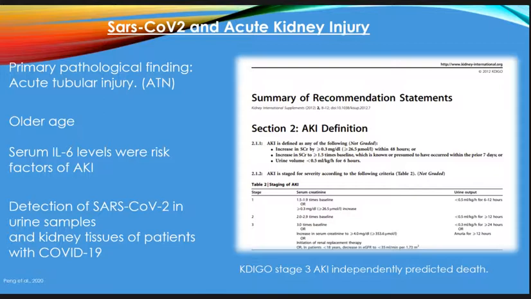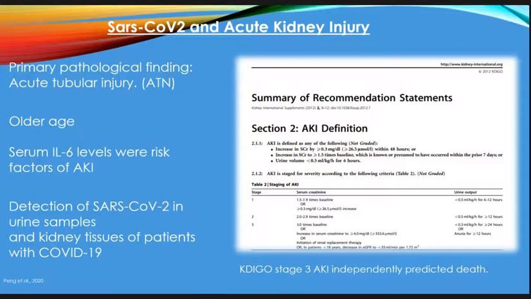And their criteria states that AKI is defined as any of the following: an increase in serum creatinine greater than 0.3 within 48 hours, an increase in serum creatinine to 1.5 times your baseline in the last 7 days, and a urine volume of less than 0.5 milligrams per kilogram an hour for 6 hours. This is what the criteria is for AKI in any situation, be it sepsis or any other situation. But certainly in sepsis is where you're going to see these kinds of things.